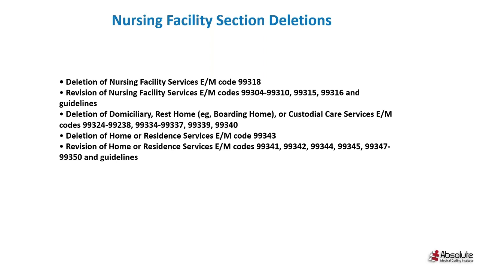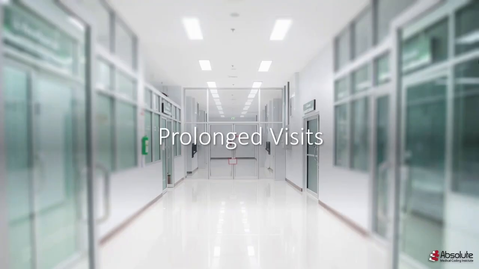The deletion of domiciliary, rest home, or custodial care E&M codes 99324 to 99328, 99334 to 99337, 99339, 99340, and deletion of home or residence service E&M code 99343, and revision of home or residence service E&M codes 99341, 99342, 99344, 99345, 99347 to 99350, and guidelines. So that's all from the nursing facility section, and I think Ms.